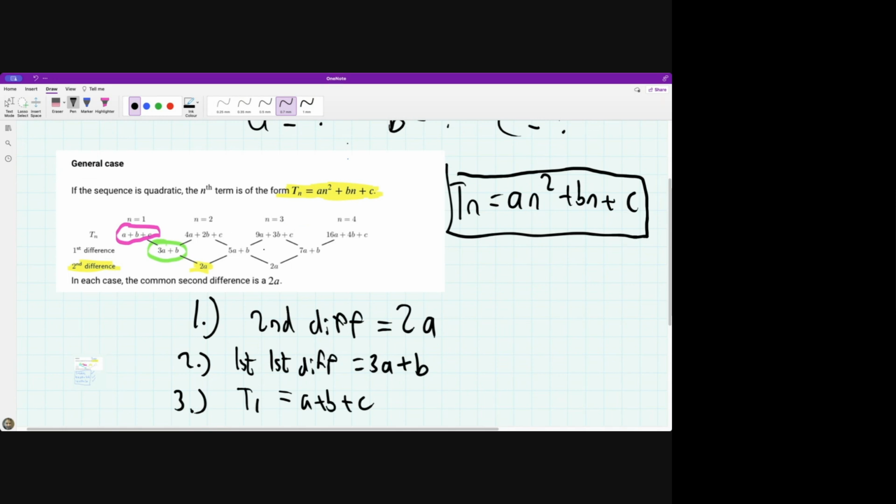I will talk about that if we have time towards the end. But in reality, the method I want you to learn today, or learn a little bit of it. So the constant second difference is equal to 2a. First difference is 3a plus b. The first term, T1, is a plus b plus c, where these a's, b's, and c's are part of this thing.